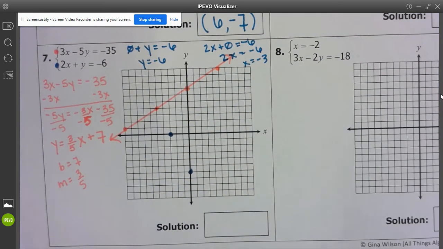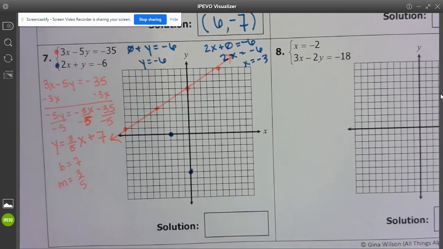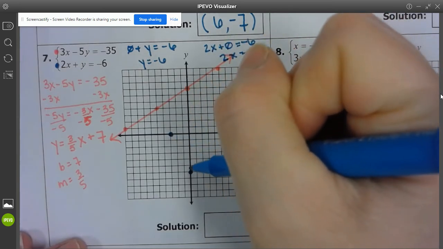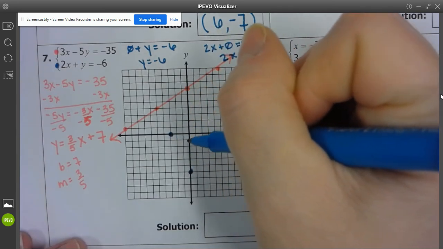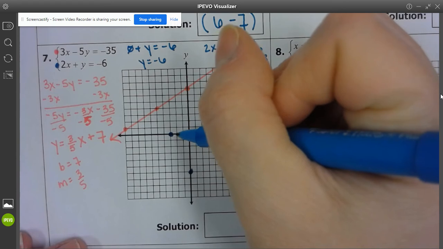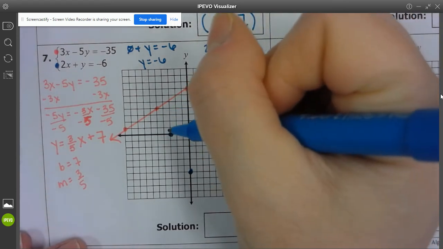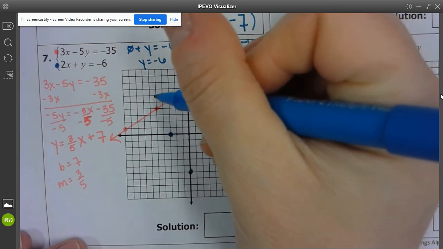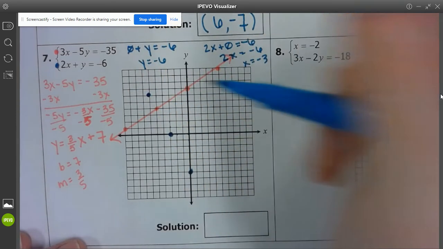Now, yeah, these are kind of far apart, but I should probably put one more point on there just to be safe. So this is 1, 2, 3, 4, 5, 6 over 1, 2, 3.